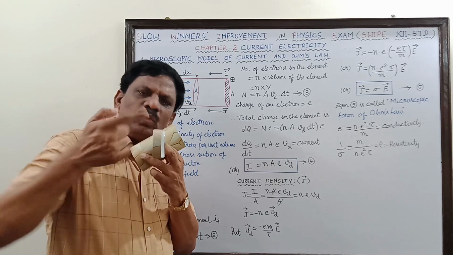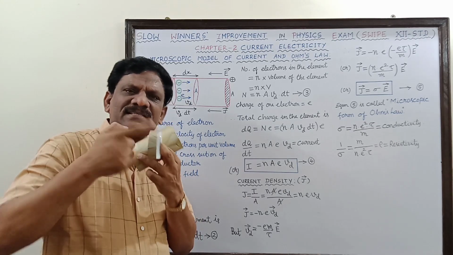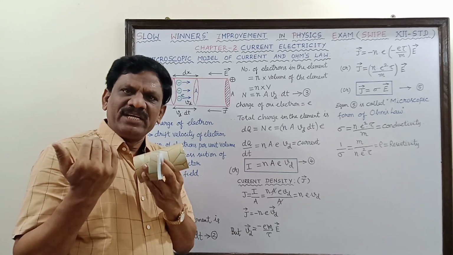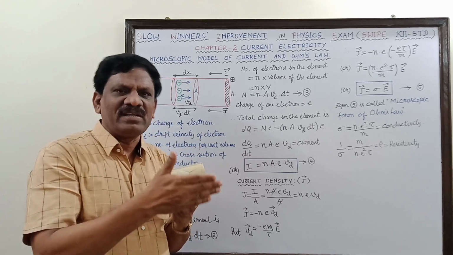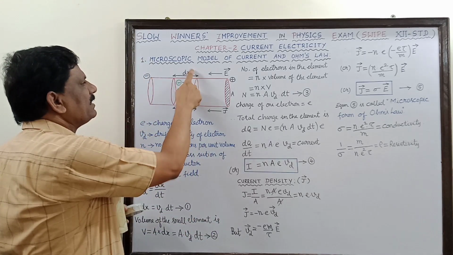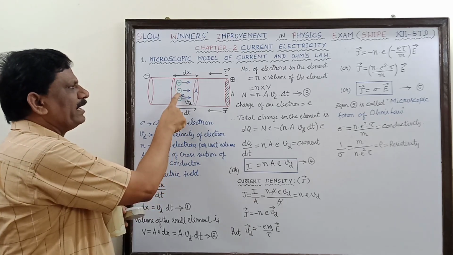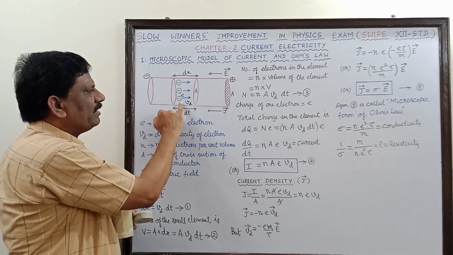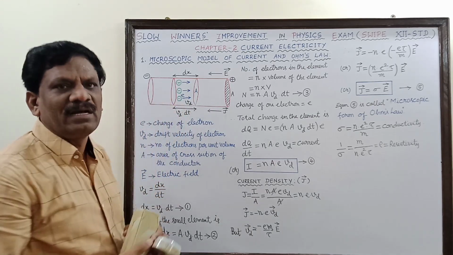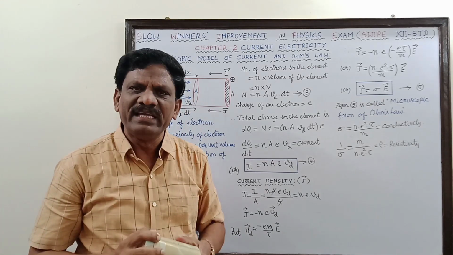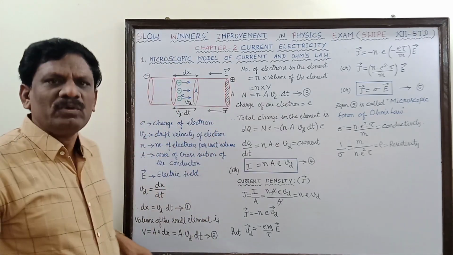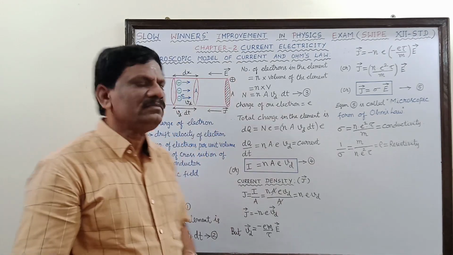Now through this dx distance, some electrons are moving from the left end, that is the negative end, to the right end, that is the positive end. So the electrons, having negative charge, travel towards the positive end with the drift velocity. This velocity is called the drift velocity, Vd. Okay. So the picture you have to understand.